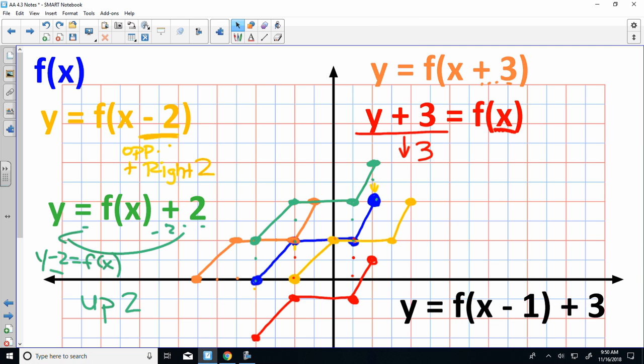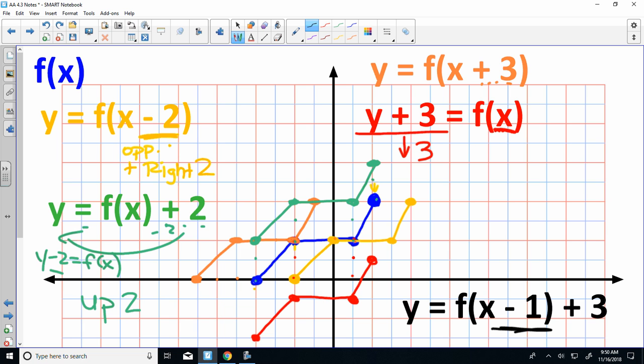Now, what happens when you get some monster like this? Here we have a couple things going on. This tells us we are moving to the right one place with all of our dots. And because there is a plus 3 there, that means it is also going up 3.